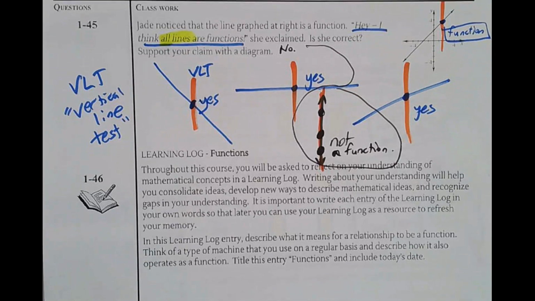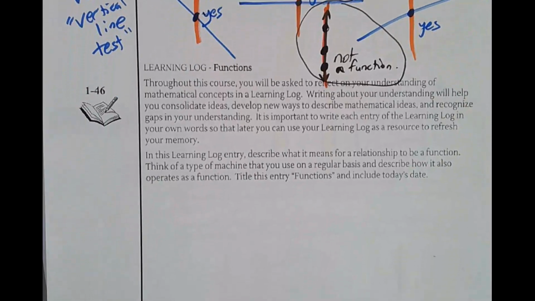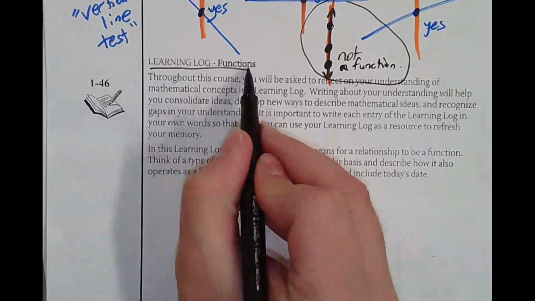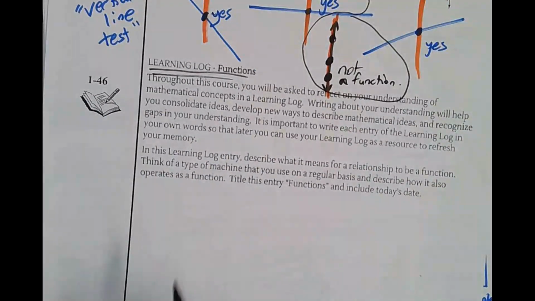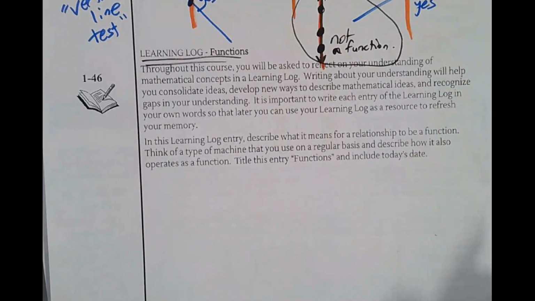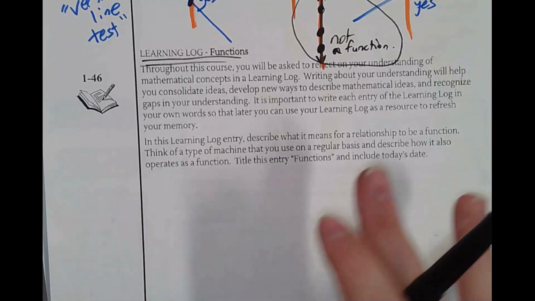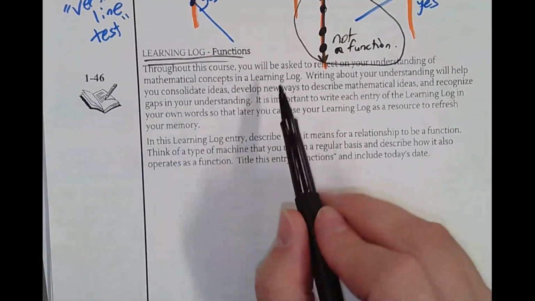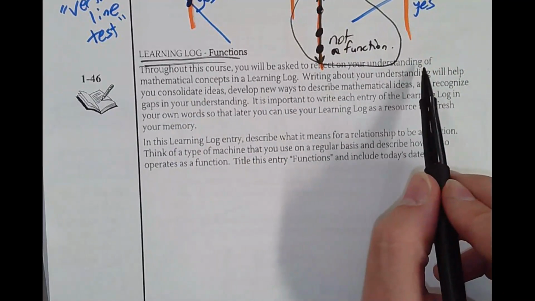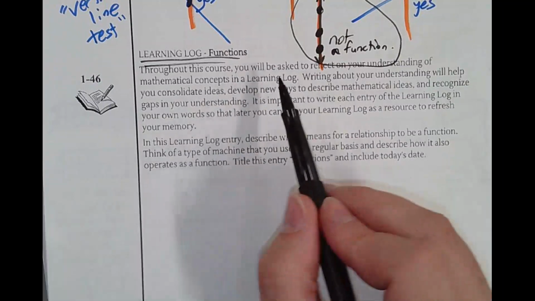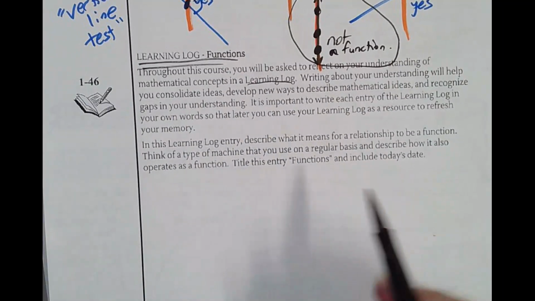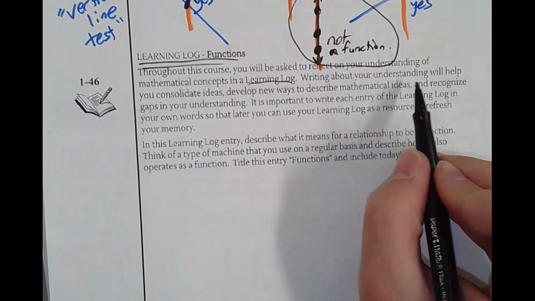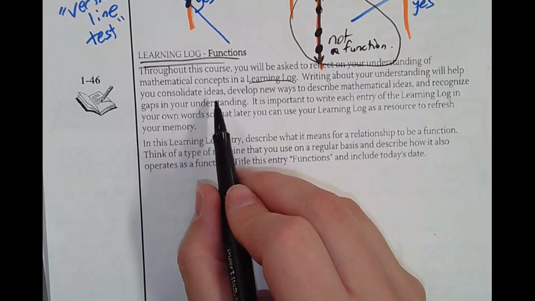So for this last part of the lesson, I want you to write your learning log. In this space that's right here, I want you to explain a little bit about what we learned in today's lesson. It says, throughout this course, you are asked to reflect on your understanding of mathematical concepts in a learning log. Writing about your understanding will help you consolidate ideas.